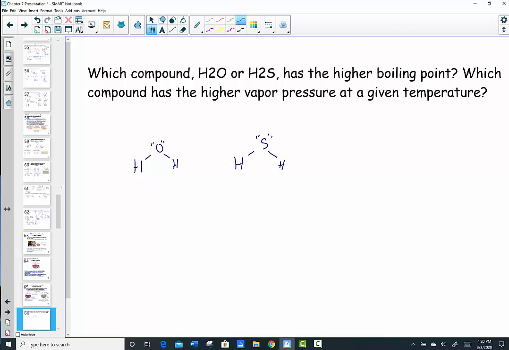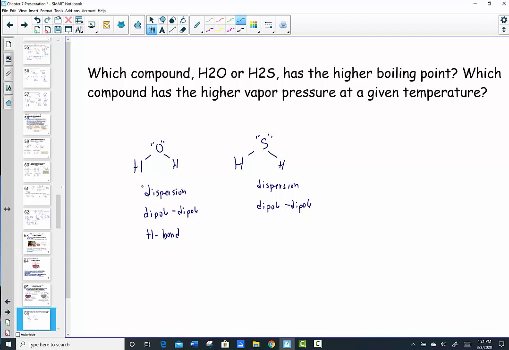H2O versus H2S, water versus hydrogen sulfide. Well, we know that all molecules exhibit dispersion forces. We know that polar molecules exhibit dipole-dipole, and these definitely are both polar molecules. But this meets the criteria for hydrogen bonding, whereas the H2S does not.